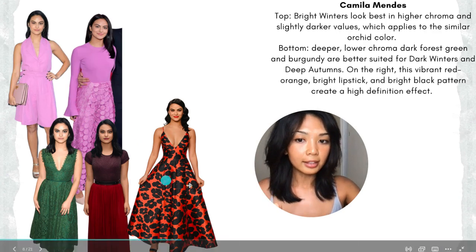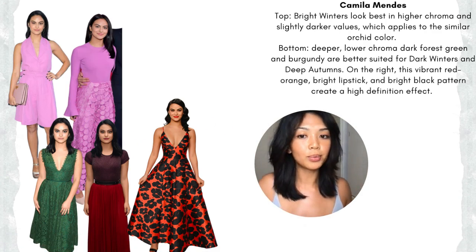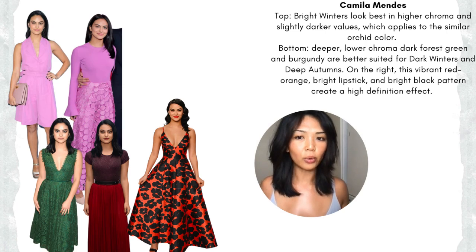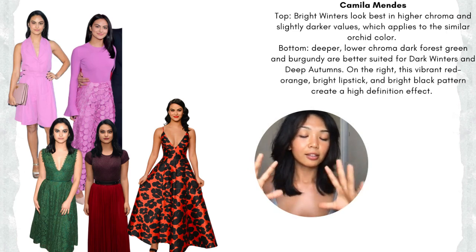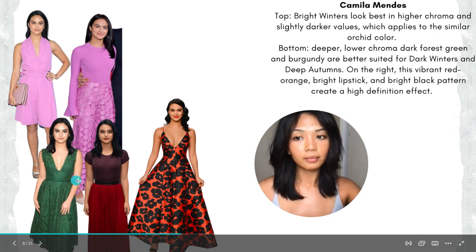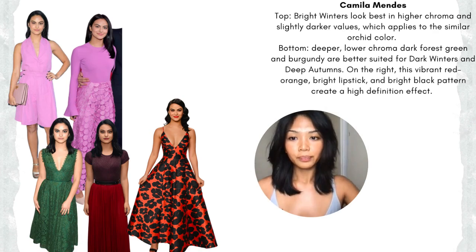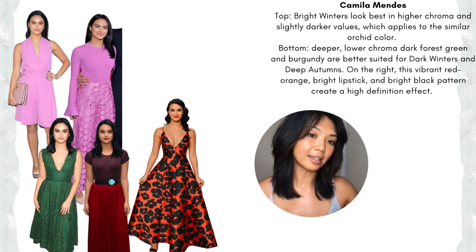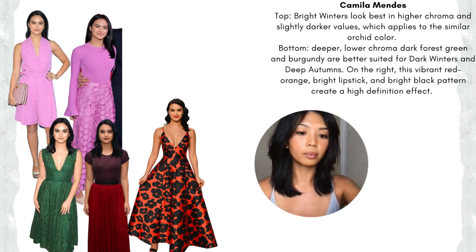But this color here, especially with this lipstick, just wow, this bright black, this bright orange, you really see all of her. She is glowing, she's shining, just gorgeous, just beautiful. Whereas here, she still looks pretty. She's a very pretty woman, but these colors just don't sing. They don't have the same impact. They don't make her glow.